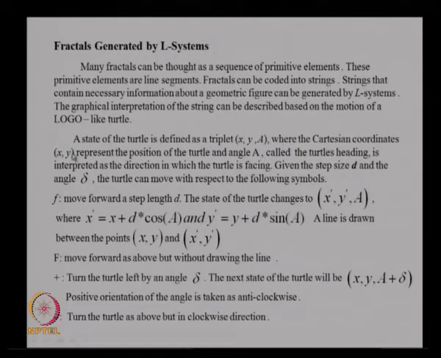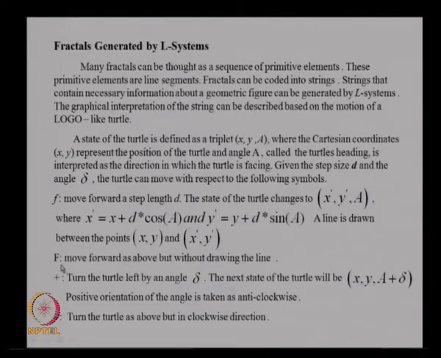So, from one point if you move through a distance d, the new position will be x', y', a, where x' is given by x plus d cos a and y' is given by y plus d sin a. A line is drawn between the 2 points x, y and x', y'.